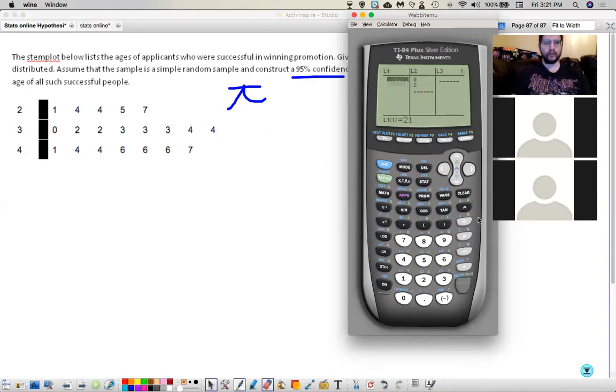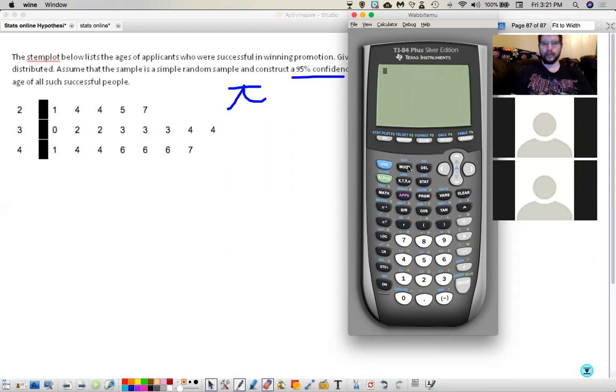So 21, 24, 24, 25, 27, 30, 32, 32, 33, 33, 33, 34, 34, 41, 44, 44, 46, 46, 46, 47. And there are 20 numbers. Yeah, we're good.